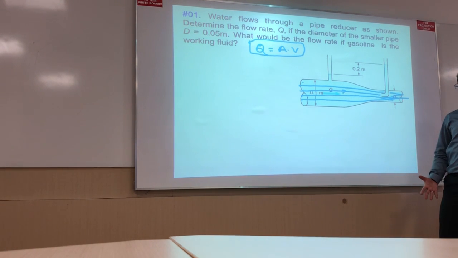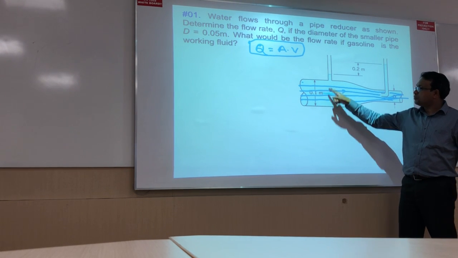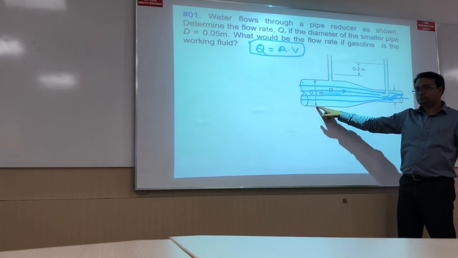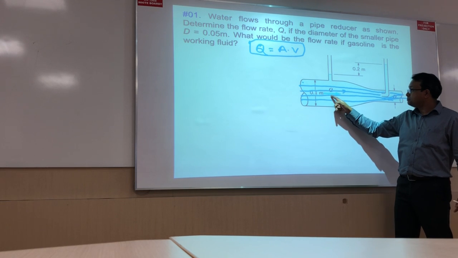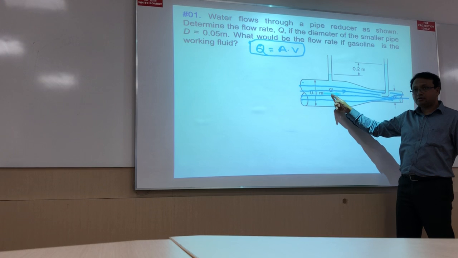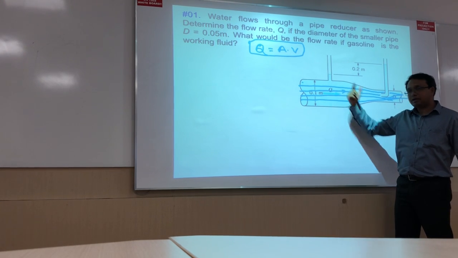Where is the best point? If I choose here, I don't know the distance from here to here, right? If I choose that point, maybe okay, I know the distance. Not bad. If I choose here, maybe better, right? I know the distance from here to here. If I choose the point here, I can calculate.